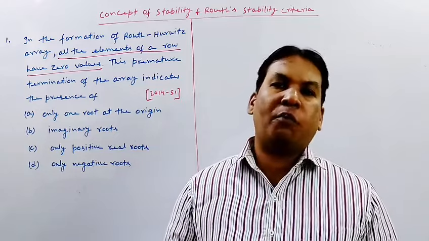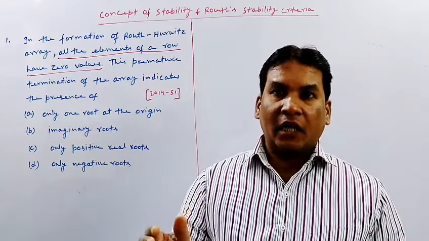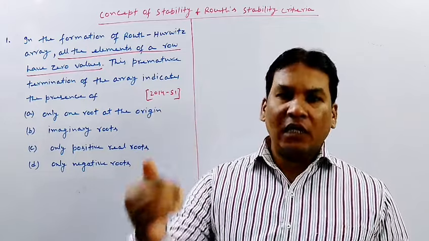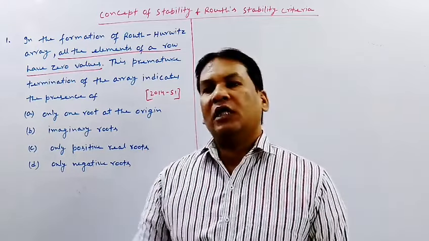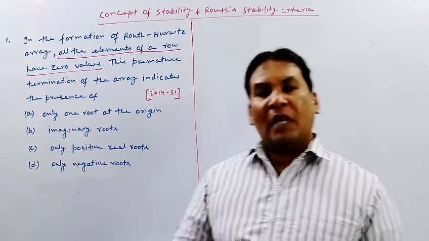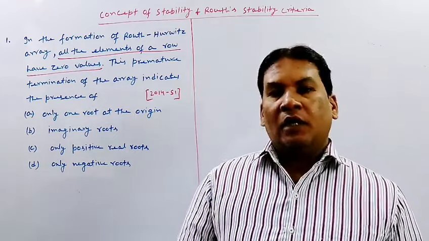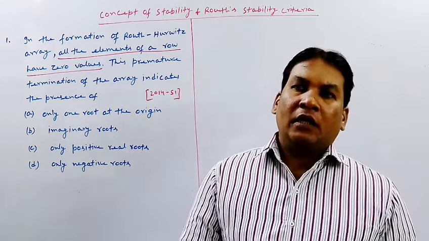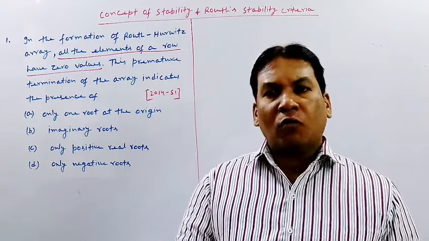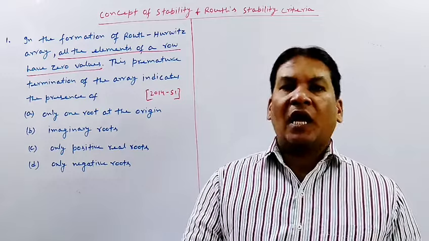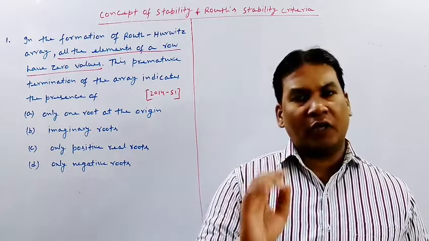If there is a pole on the positive imaginary axis, then there must be a pole on the negative imaginary axis. If there is a complex pole in the first quadrant, then there must be poles in all the quadrants at the same distance and at the same relative location.